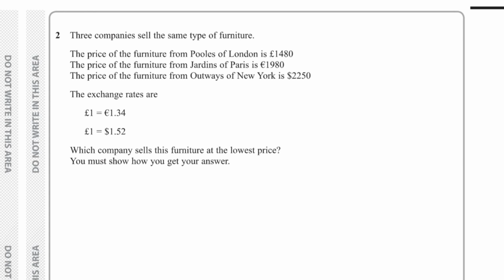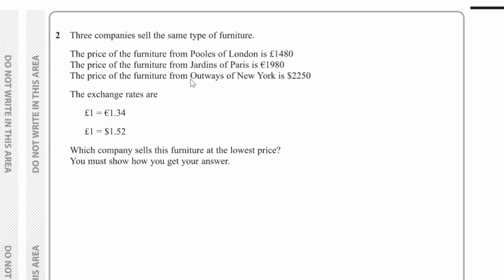Question number 2. 3 companies sell all the same type of furniture. The price of furniture from Pools Inn of London is £1,480. The price of furniture from Jardins of Paris is €1980.